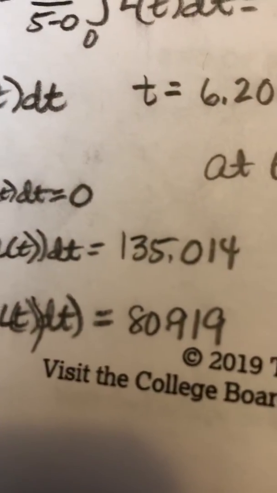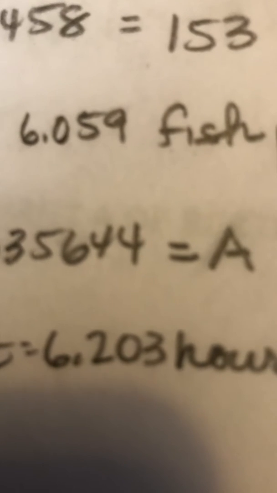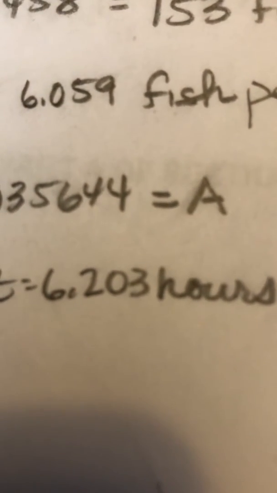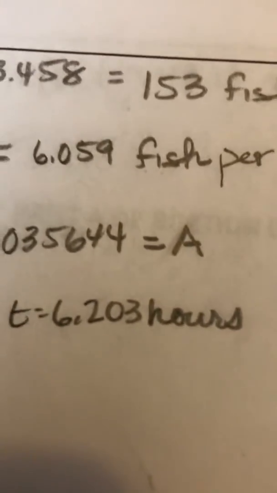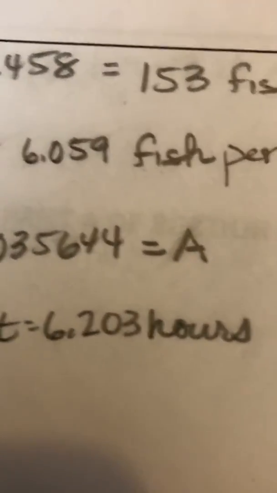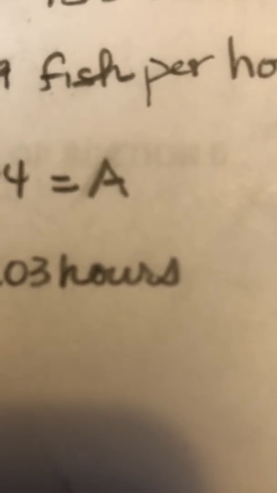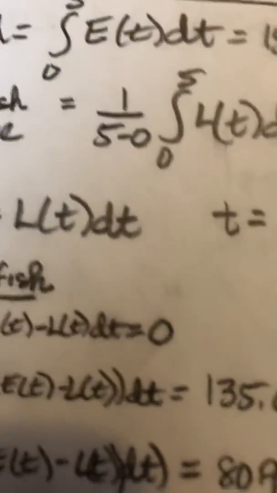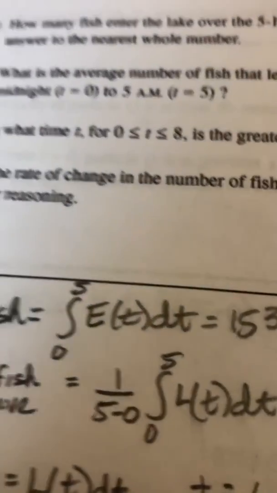Well, of those 3, the middle one's the highest, and that's at t equals 6.203 hours. Okay, here's where we can round it when we're given the actual answer, but you don't want to use that rounded value for time in your integral, because it could throw off your numerical values.